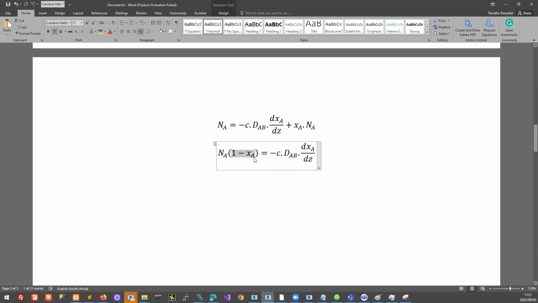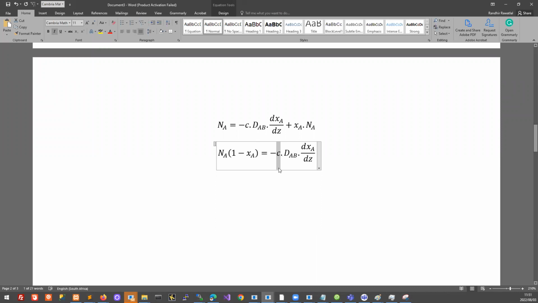Then in terms of x, that's the variable that we are integrating for, so that's fine. The concentration, that's the total concentration. We are assuming the total concentration is fixed here. So for example, if you are looking at a liquid, then if its density is approximately constant, then the total concentration is approximately constant.